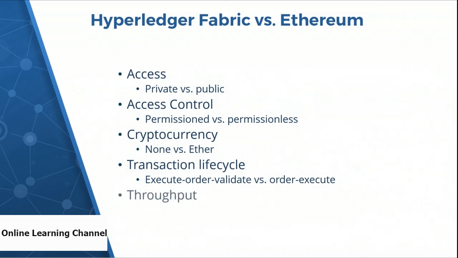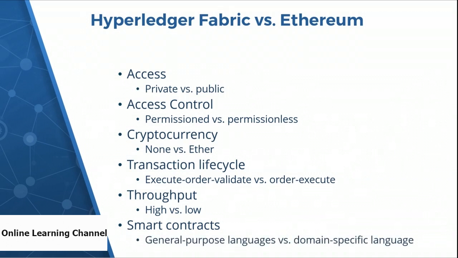When it comes to throughput, Fabric is considered an enterprise-grade blockchain network due to its very high throughput, and this is not quite the case with Ethereum, which can only process about 3 million transactions per day. And when it comes to smart contracts, this is something which is supported on both networks, but in Fabric, you can write your smart contract using general-purpose languages such as Node.js, Java, or Golang, whereas for Ethereum, you need to use a domain-specific language called Solidity.